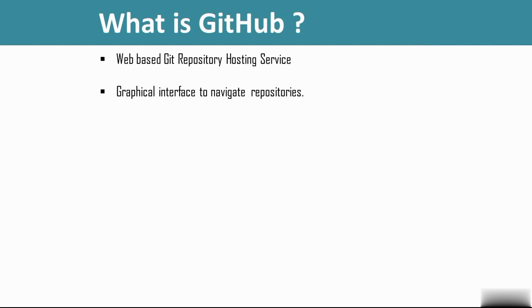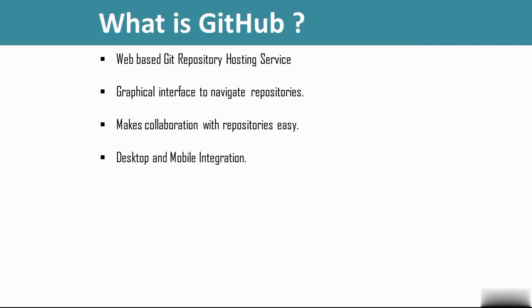GitHub makes it easy for collaboration, so it allows you to collaborate with repositories that were created by others. GitHub has both desktop and mobile integration, so you can use it on a desktop and also on a mobile device.